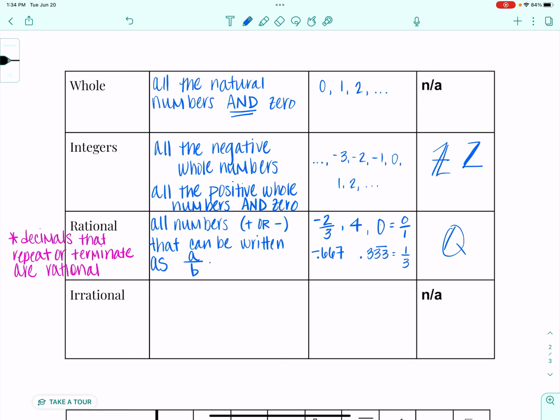Irrationals. To me, these are the fun ones. These are the ones that do kind of interesting things. For our purposes, these are decimals. I guess I could put it in the box because these do not stop. So they do not terminate.